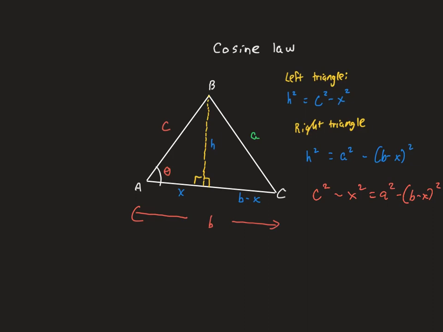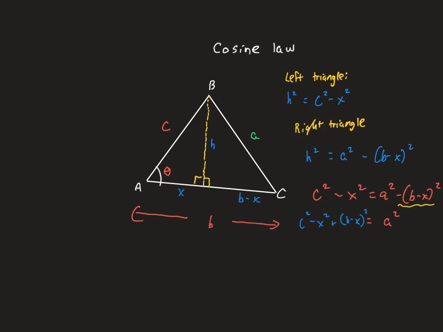I'm going to leave a squared here, and on this side I'm going to move all that, which means it's going to turn positive. So you're going to have c squared minus x squared plus (b minus x) squared.